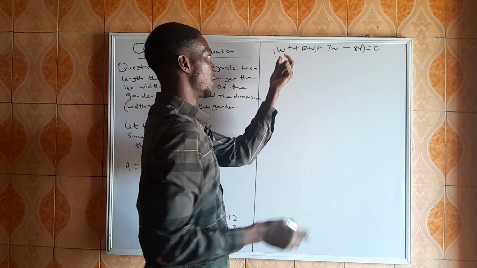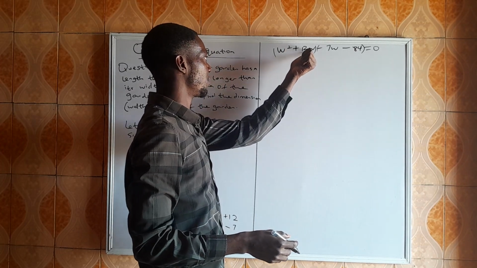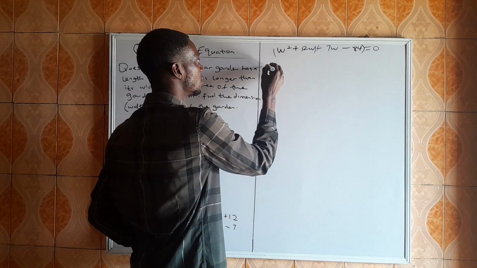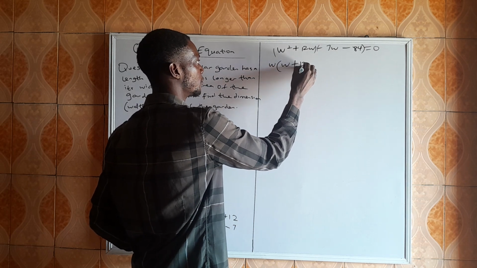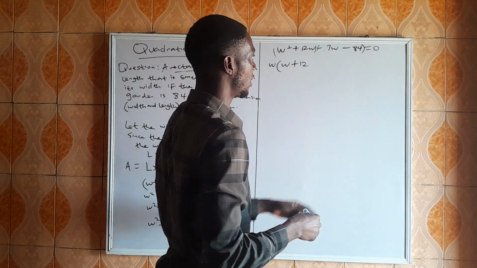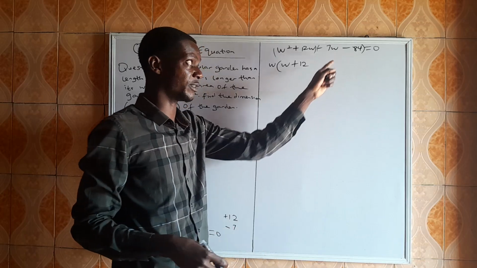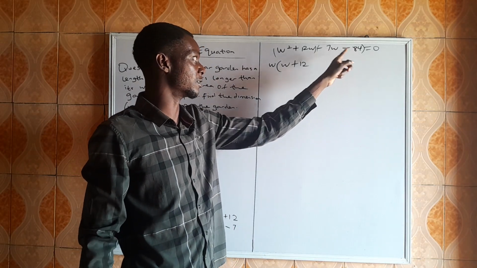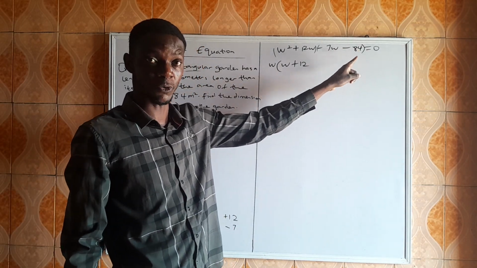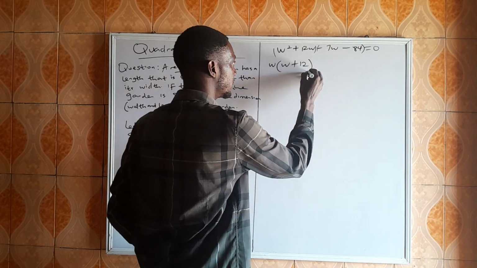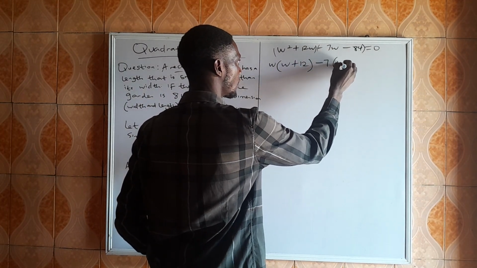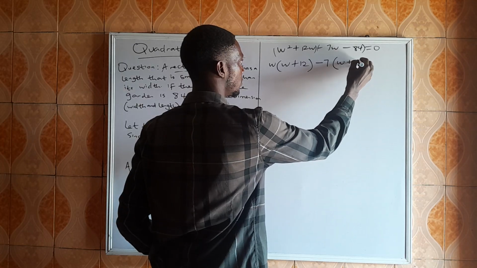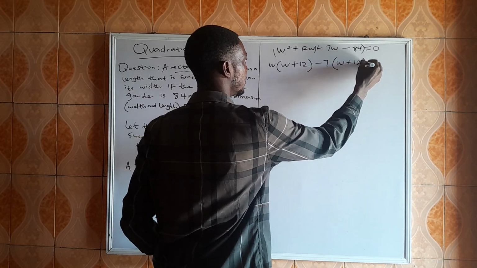The common factor in W squared and plus 12W is W, so you have W times W plus 12. The common factor in the last two terms is 7, because 7 can divide 7 and 7 can also divide 84 without any remainder. So you have minus 7 times W plus 12 equals 0.